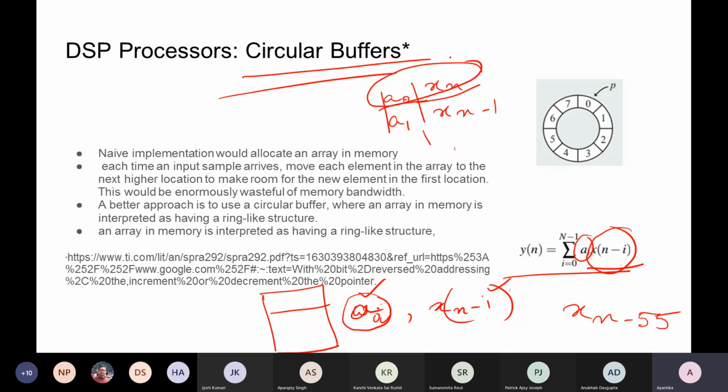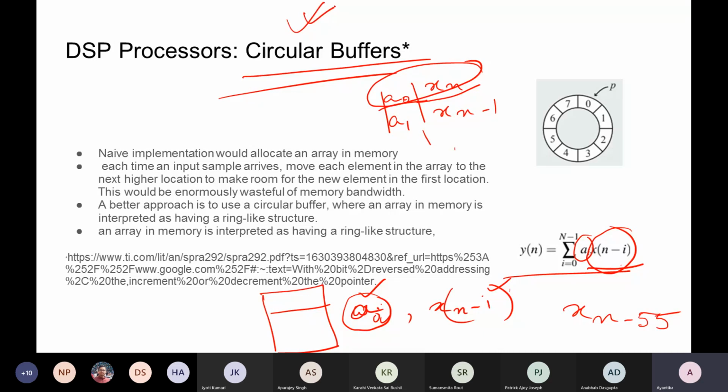These are memory places, memory blocks, you can think. But this is not desired. In our case, we are always working in a very constrained scenario, so we want to reuse those memory places. How is it possible? That's why, whenever we see the arrangement of memory blocks in a DSP processor, it follows this circular buffer concept.